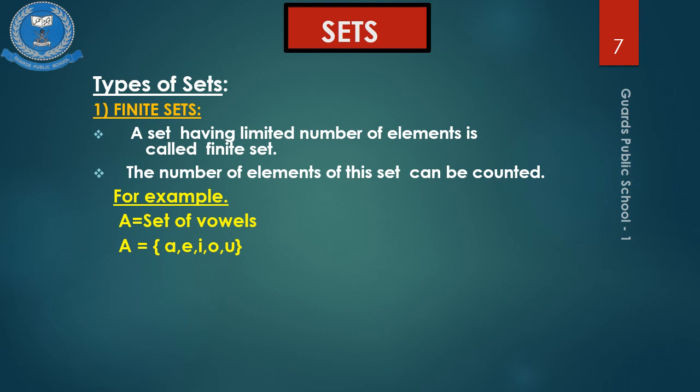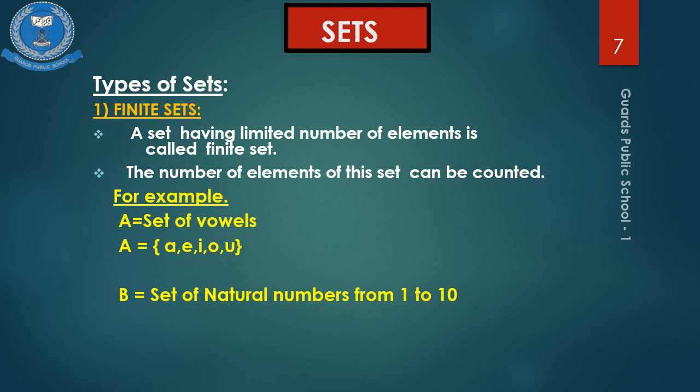We can count the elements: 1, 2, 3, 4, 5. There are 5 elements in this set. So this set is a finite set. Another example is: write a set of numbers from 1 to 10.